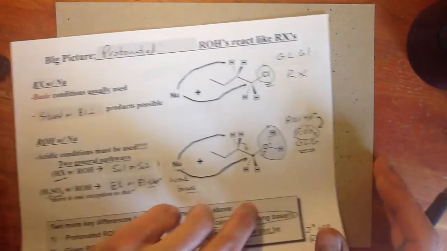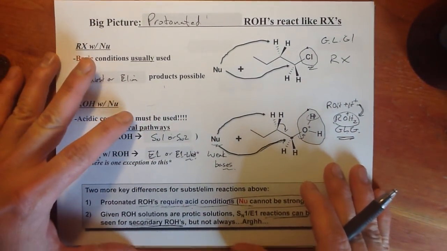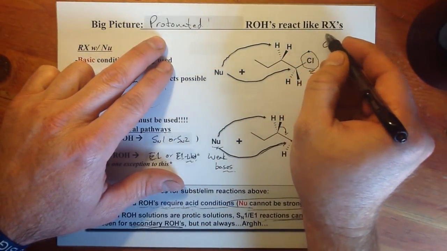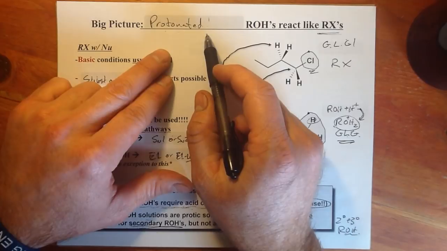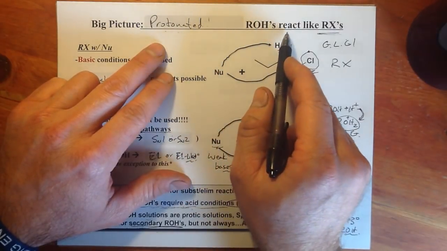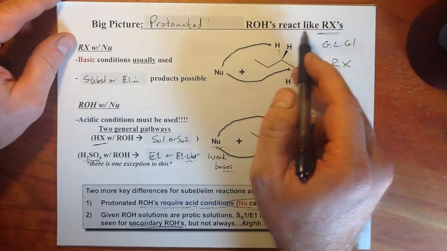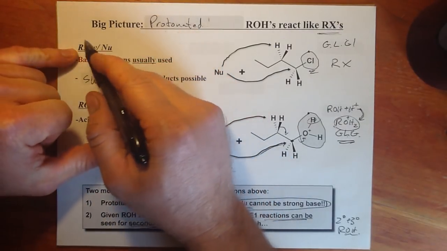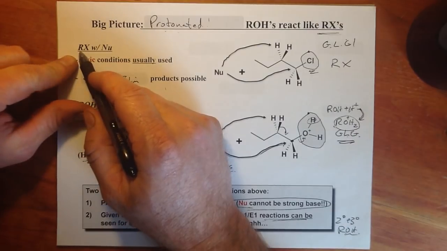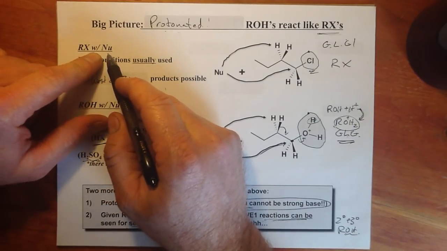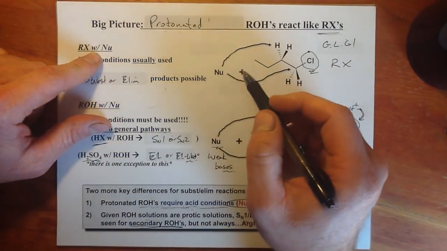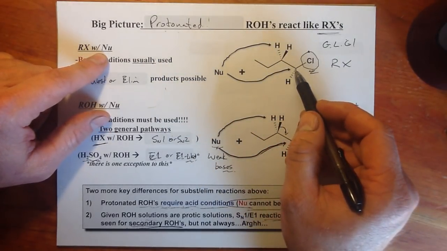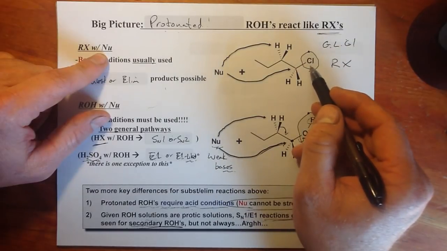All right, so let's draw out again the comparison and similarities between protonated ROHs and alkyl halides. So protonated ROHs react like alkyl halides. Remember back to your first semester organic chemistry, if you had a chlorine and let's say an ethyl group and you mix that with a strong base, you can have that nucleophile, that strong base, attack the carbon in an SN2 style where this breaks away.